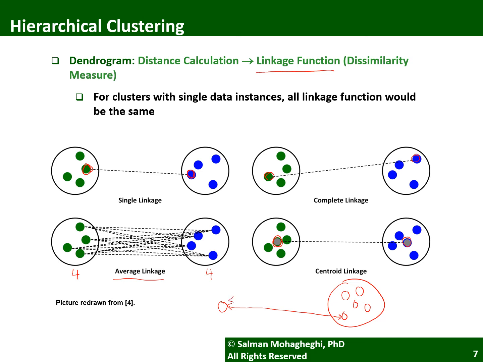Complete linkage probably would be between this and this, which is the maximum distance. Centroid linkage, you just find the centroid of this cluster and then find the distance between that point and the centroid. And average, you would just find the distance of that individual point to all the 5 points within that cluster and then add them together, divided by 5, and that would be the average linkage.